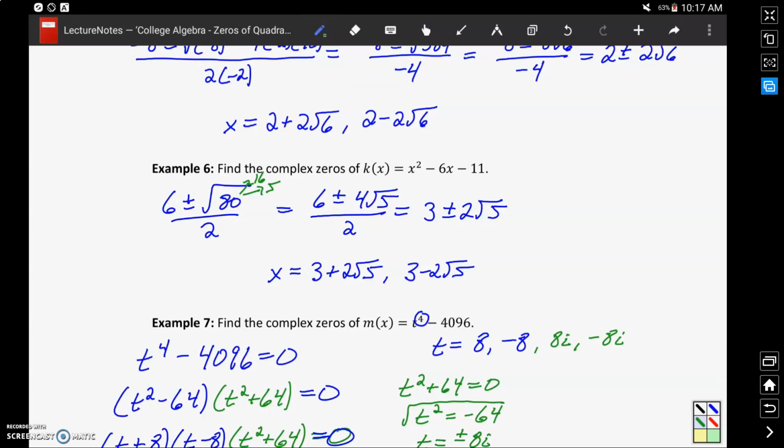In example 6, for instance, while we only had real solutions here, we can now represent this in a factored form as the quantity x minus 3 plus 2 root 5 and x minus 3 minus 2 root 5.